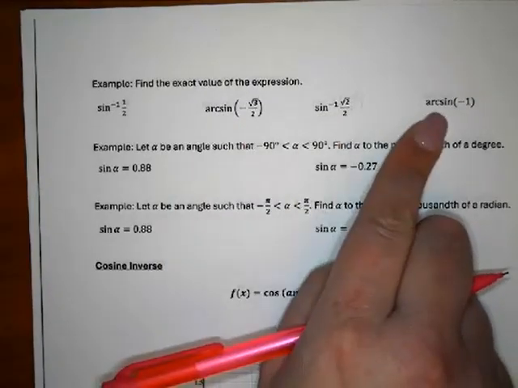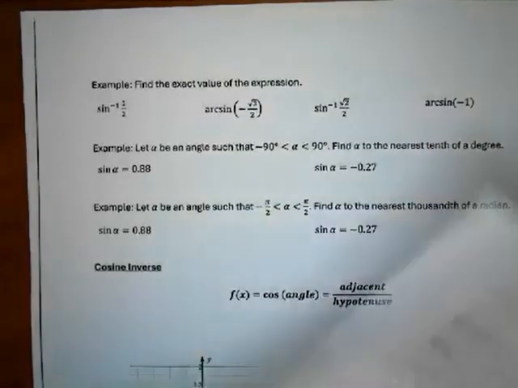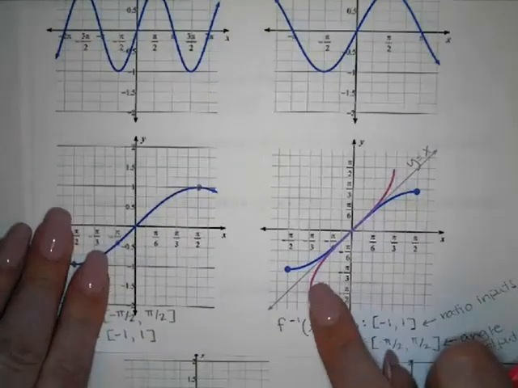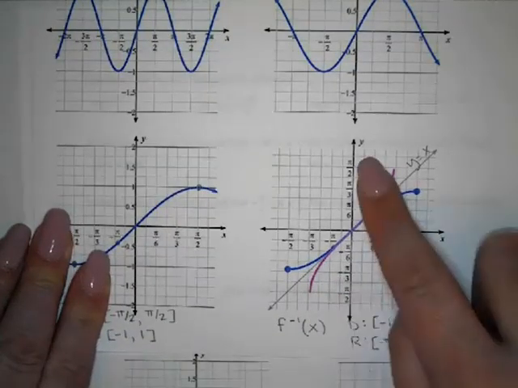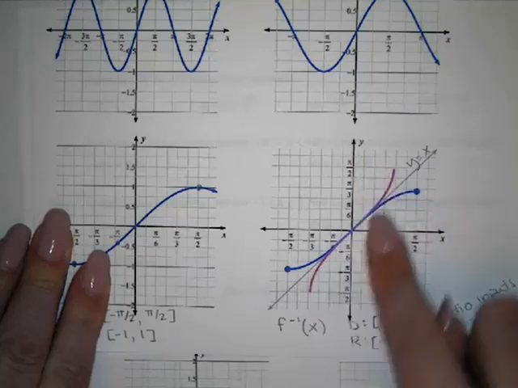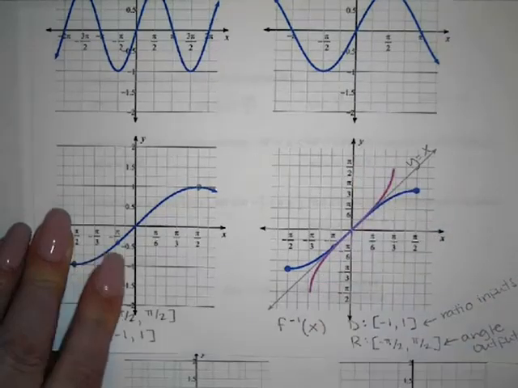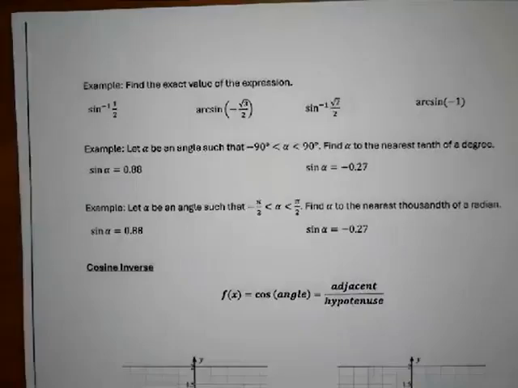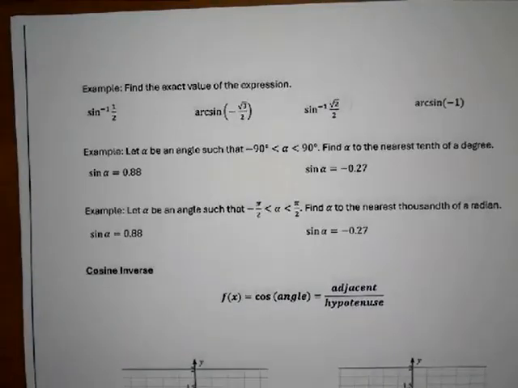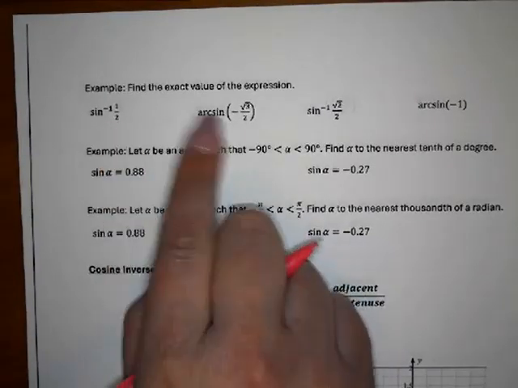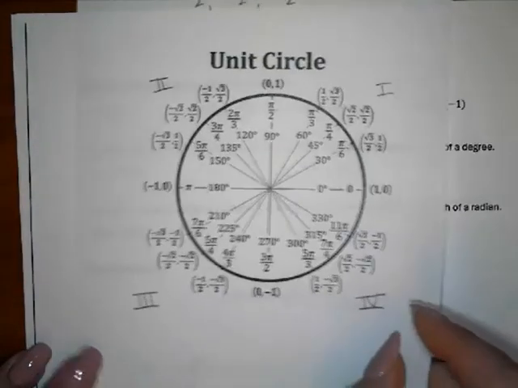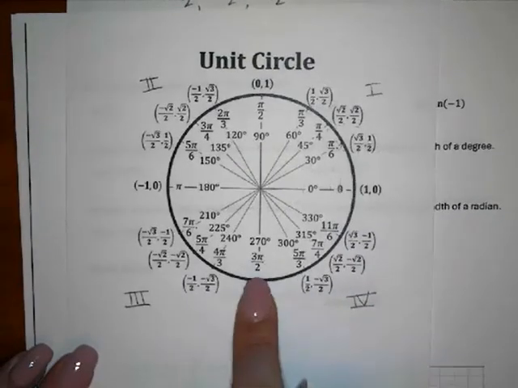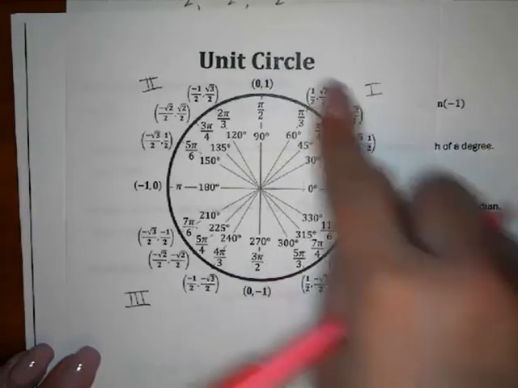If they're telling us to do that, we know, based on this graph, that the answer has to be between negative pi halves and positive pi halves. That's the only piece of the graph we have for sine inverse. So if I'm trying to evaluate these trig ratios and figure out what angle it is, the angle is going to have to be between negative pi halves and positive pi halves.